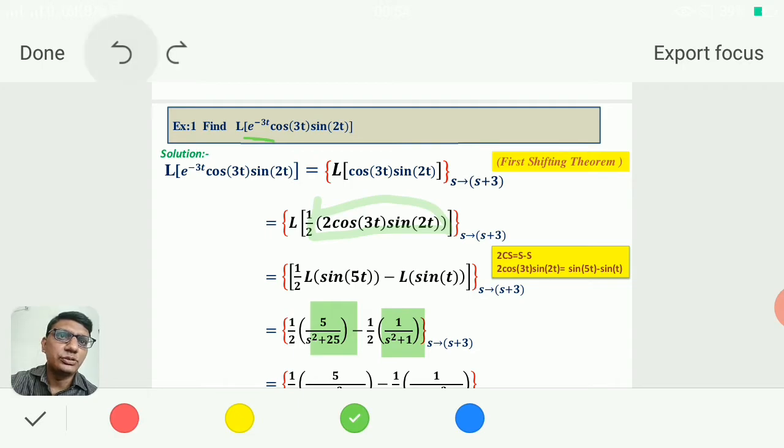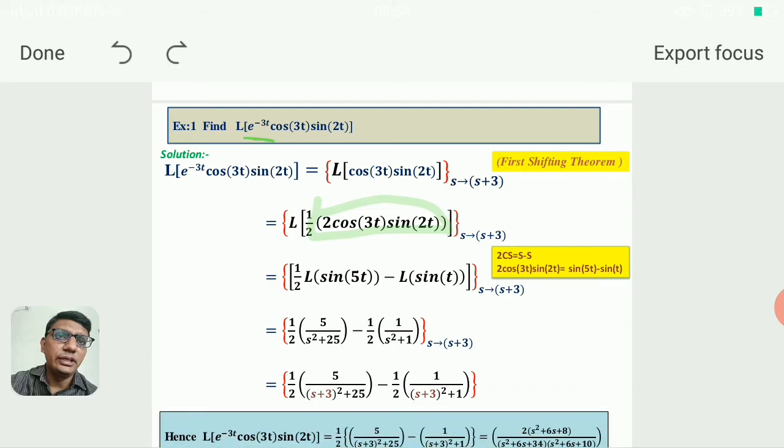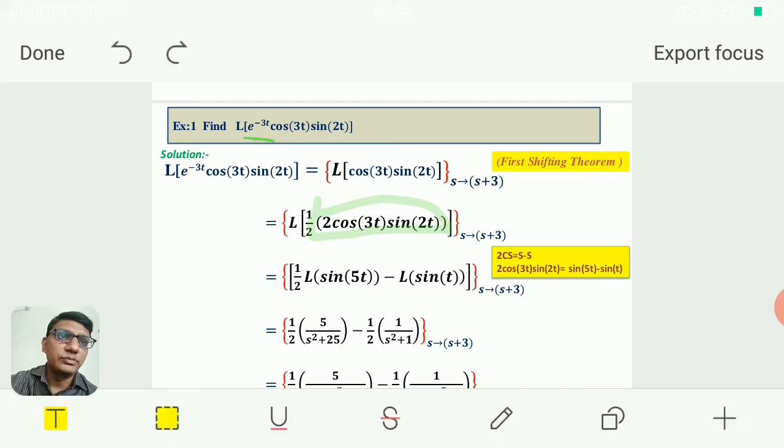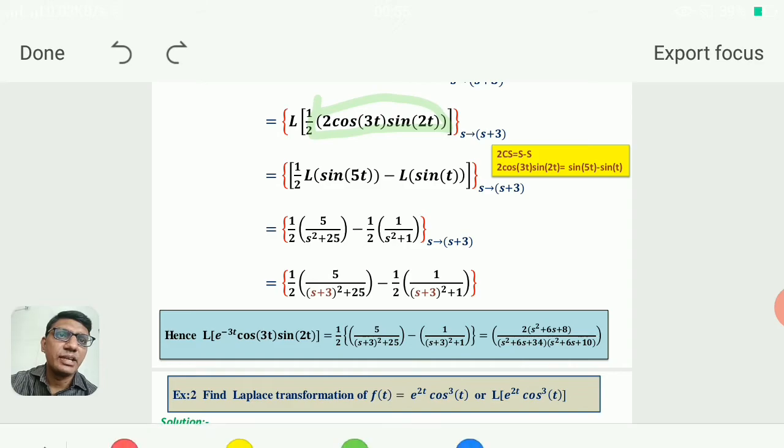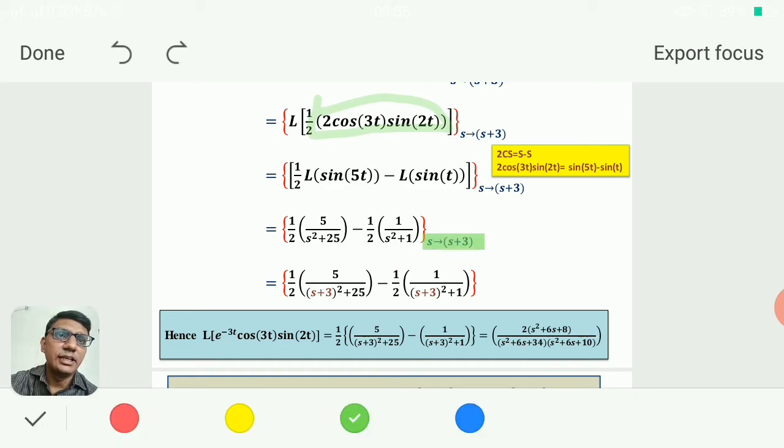After applying these two formulas, we are now ready to apply the first shifting property because our Laplace is done. First of all, we take the common 1 by 2 and just replace s by s plus 3 everywhere. So here s is replaced by s plus 3 and here also s is replaced by s plus 3.